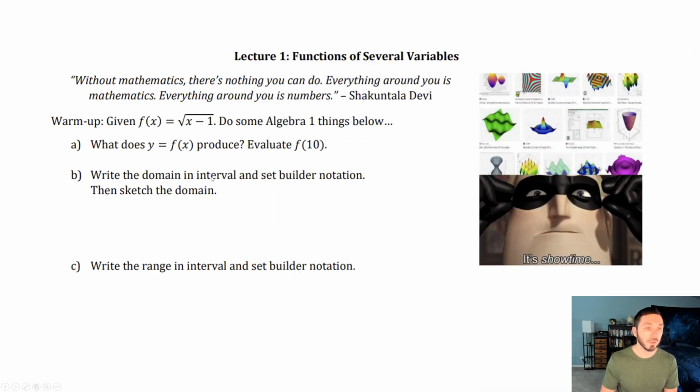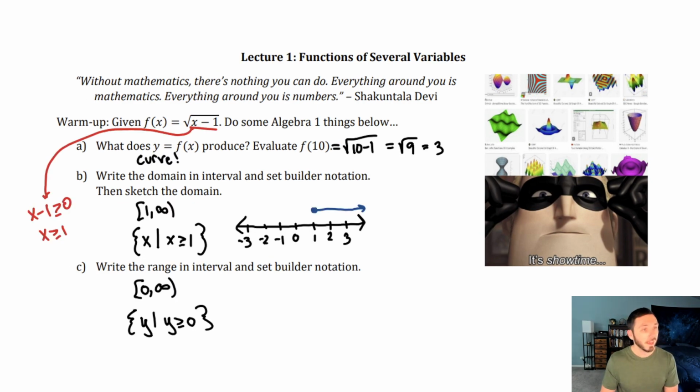And then we also covered domain and range in both interval and set builder notation. So I'm going to just show all this right now. Here they go. So yeah, this creates a curve on our two-dimensional plane.